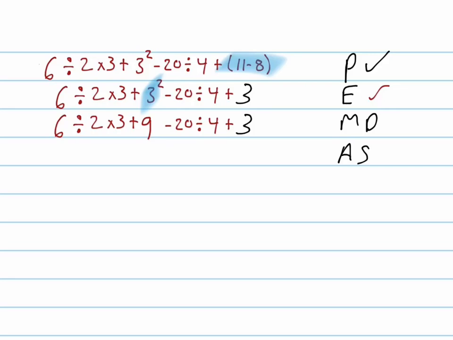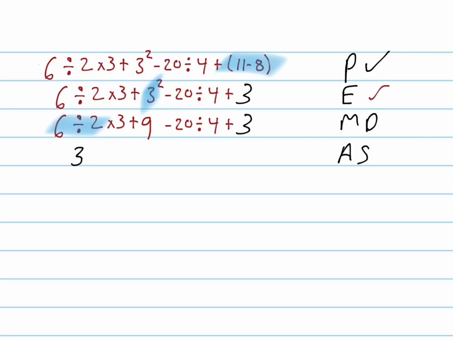My next step over here is going to be multiplication or division, whatever I see first. So I see division first, then multiplication, then division. So I'm going to go in order. So that'll be 3. And then the whole thing comes down.